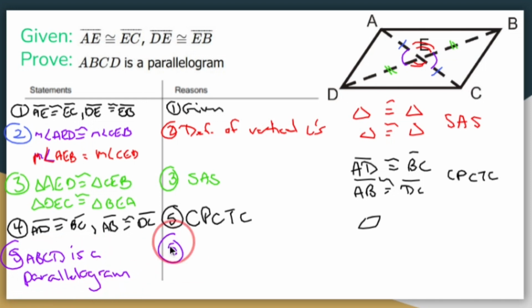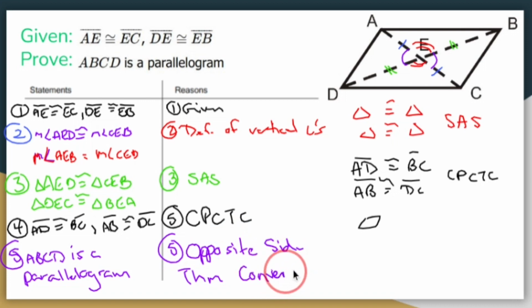And the reason for that was the opposite sides theorem converse, which says that if opposite sides of a quadrilateral are congruent, then you have a parallelogram.